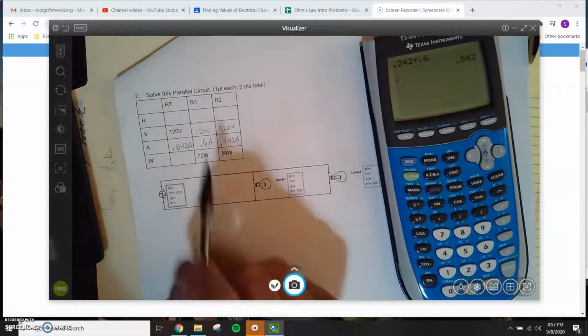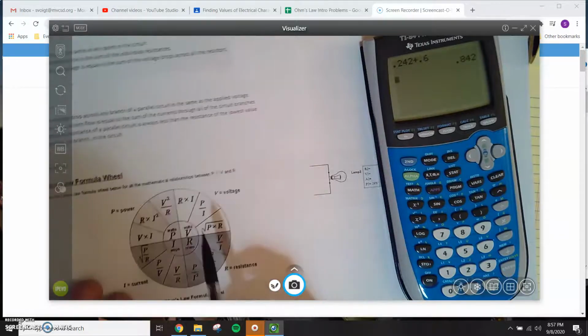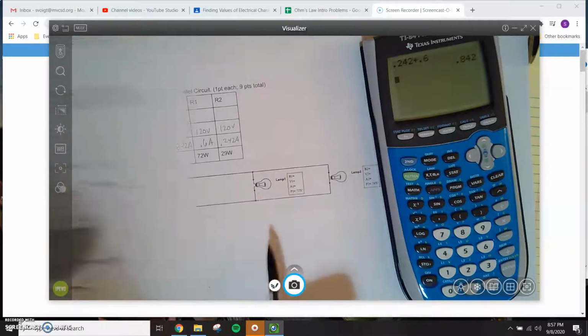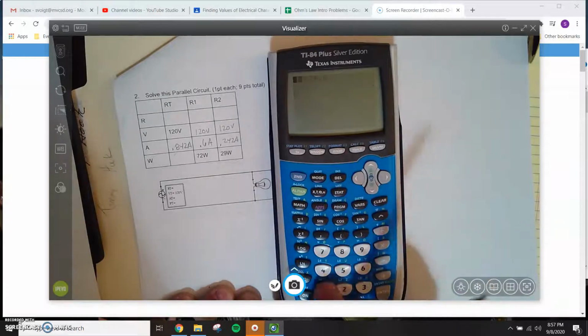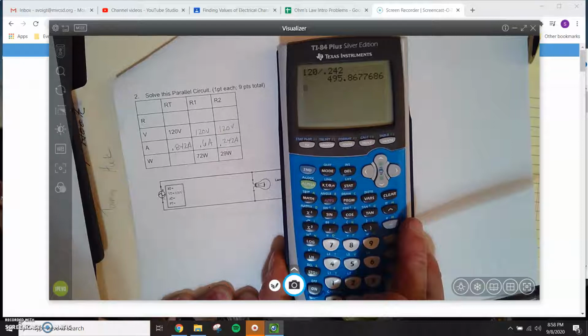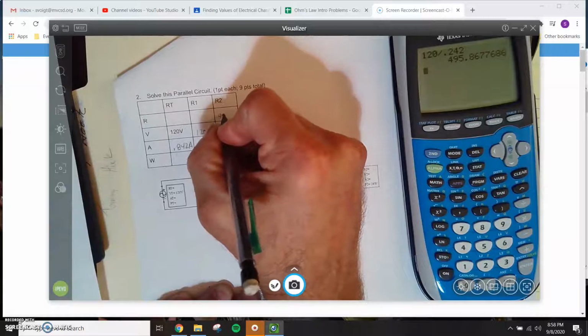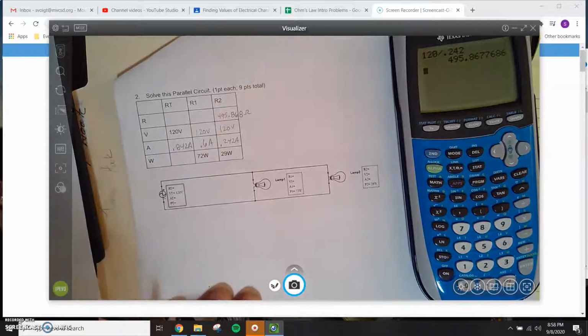Okay, now resistance up here. Let's go ahead and figure those out first. Down here, the easiest one is to divide volts by amps. 120 divided by 0.242, and we get 495.868 ohms.